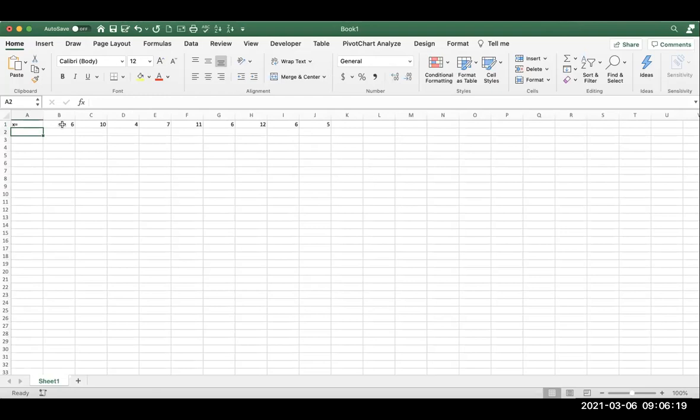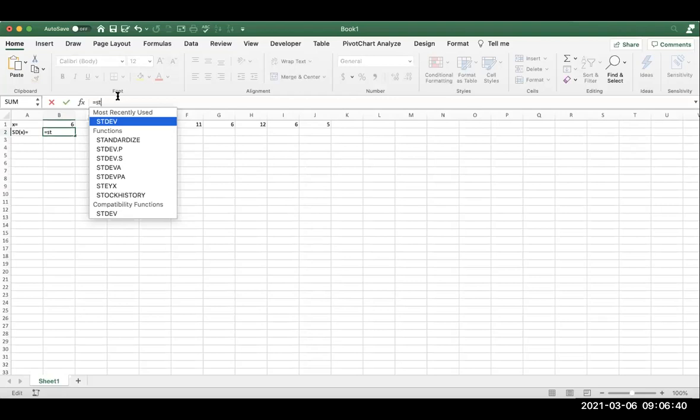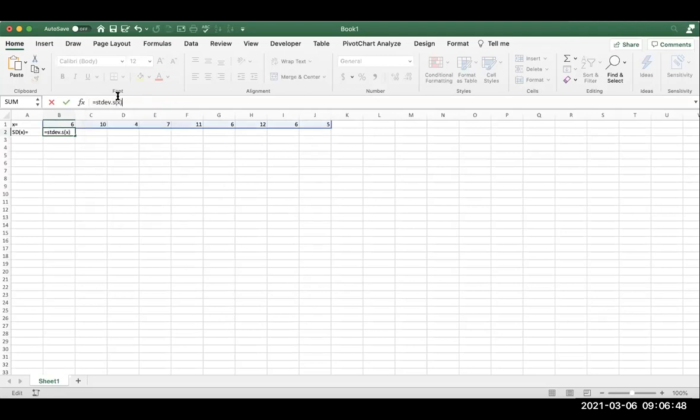Okay, so let's find the standard deviation, and let's do it for a sample. 2.8333. And so that's my standard deviation for this set of data.